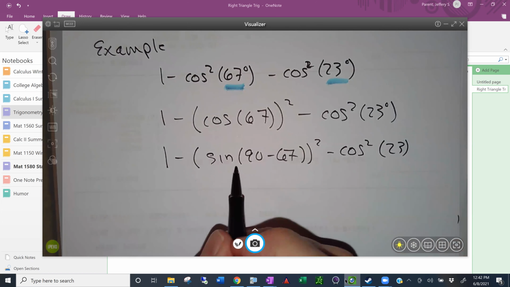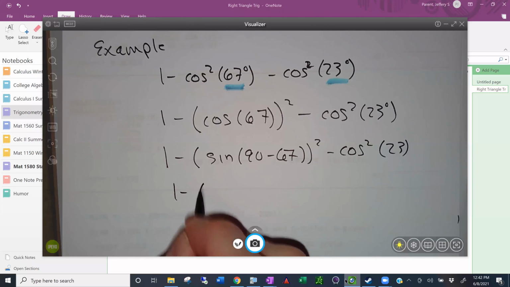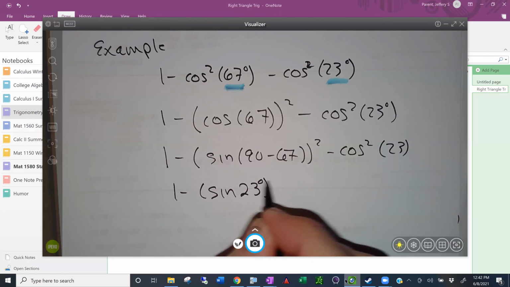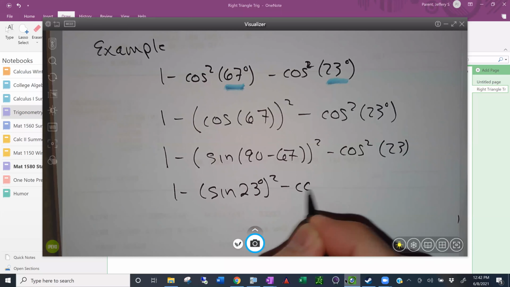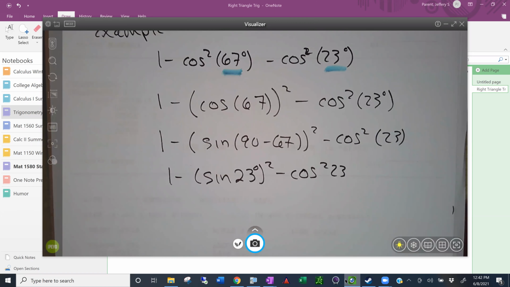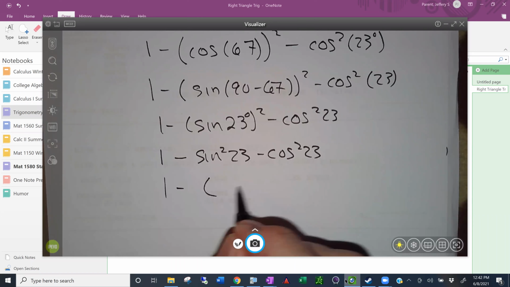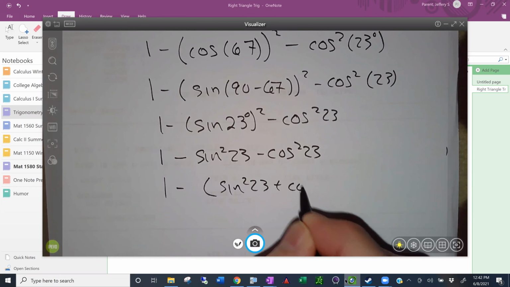And 90 minus 67 is going to be the sine of 23 degrees. And that's still squared. It does start to look like the Pythagorean theorem. We got sine squared of 23 minus cosine squared of 23. If I factored out the negative from these two, it'd be sine squared of 23 plus cosine squared of 23.